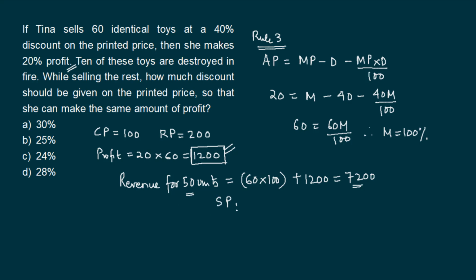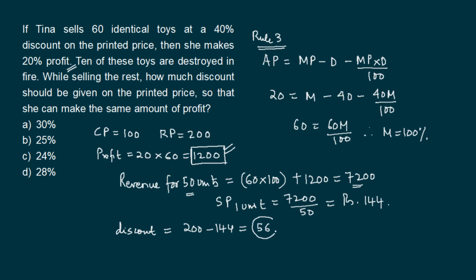So selling price of 1 unit should be 7200 by 50, that is rupees 144. So how much discount is she ready to offer? Printed price is 200, isn't it? So 200 minus 144, that is 56 rupees of discount is what she can offer.